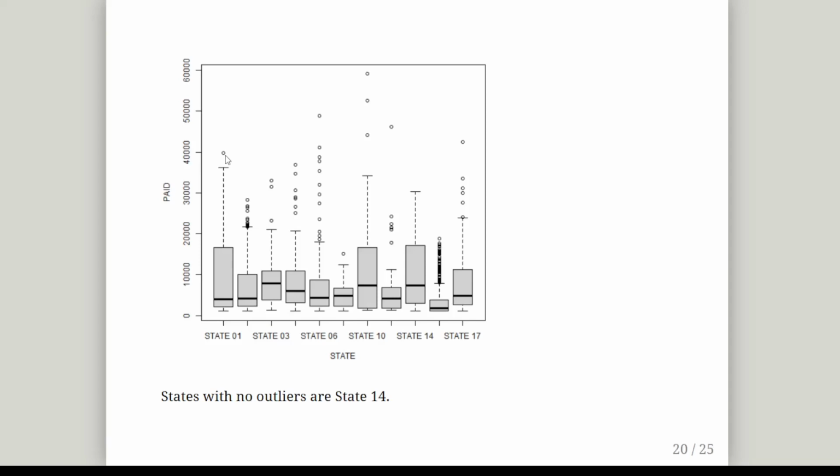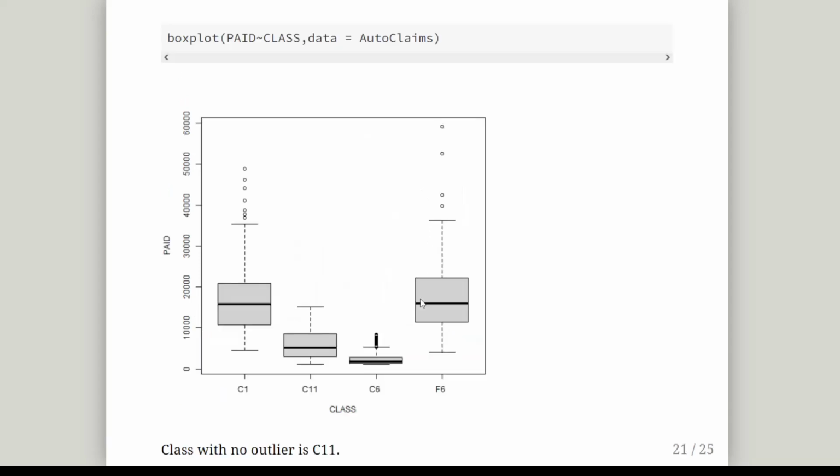So essentially, we're looking through them. I think it's 12, a dozen or so states here, so a dozen or so box plots. We essentially have to run through them all and see which one has no circle associated with it, no outlier. Now it seems that in state 14 there are no outliers, so that's what we're asked to find.